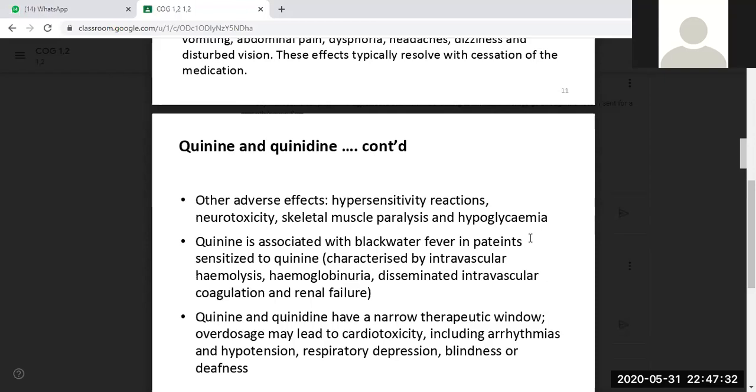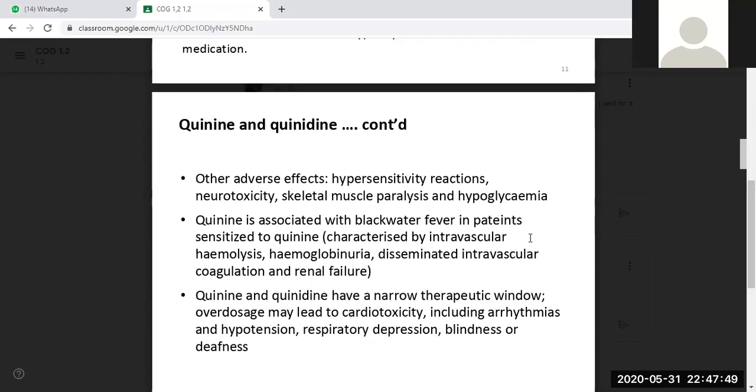So there will be intravascular hemolysis, meaning a high rate of destruction of red blood cells, then hemoglobinuria, disseminated intravascular coagulation, and renal failure.